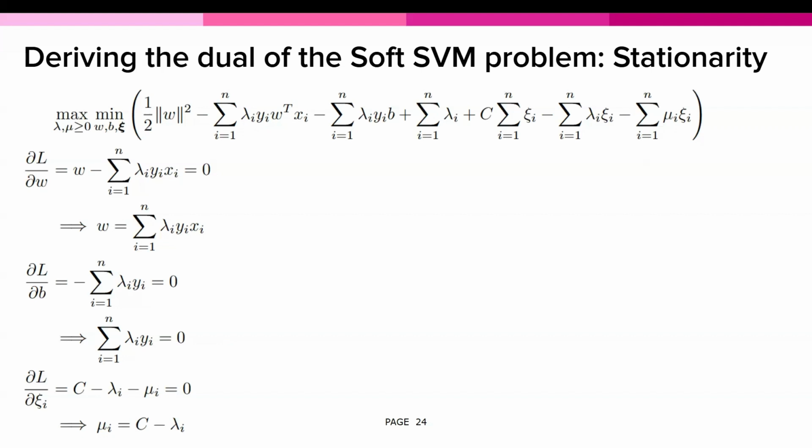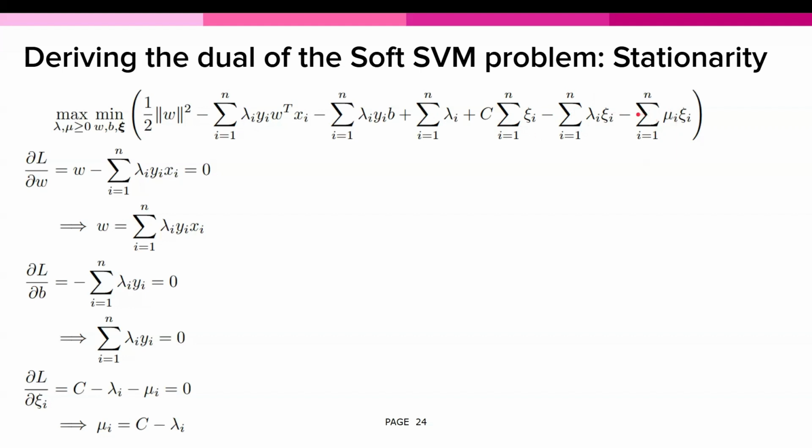And so finally, let's take the derivative of the Lagrangian with respect to each slack variable, or specifically, one slack variable. And so for this, we only need to consider the last three terms, where we see sums of xi scaled by C, lambda I, and mu I, respectively.